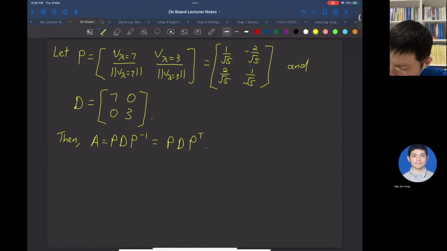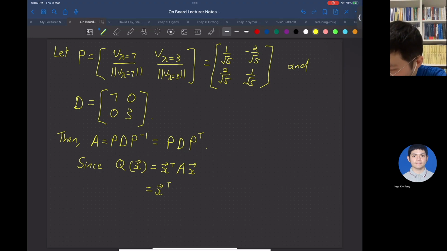So next, since Qx is equal to x transpose A x, we can substitute our A into the equation, where we get x transpose PD P transpose x. Okay.